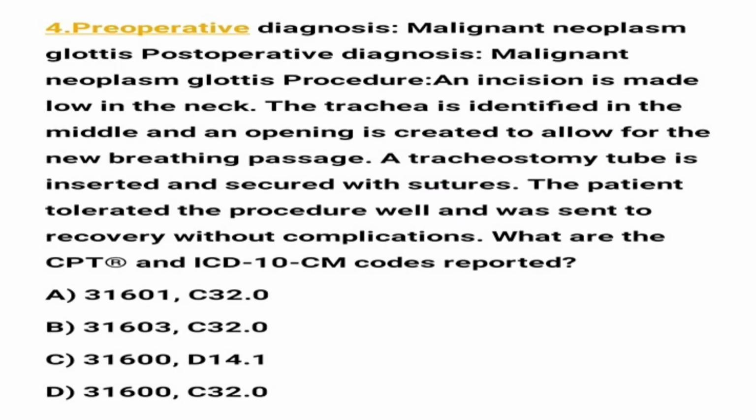Next question. In this question, malignant neoplasm of glottis is the procedure. Sorry, this is the diagnosis. The procedure is that the trachea is identified in the middle and an opening is created to allow a new breathing passage, a tracheostomy tube. So insertion of a tracheostomy is the procedure. Let us check the options first.